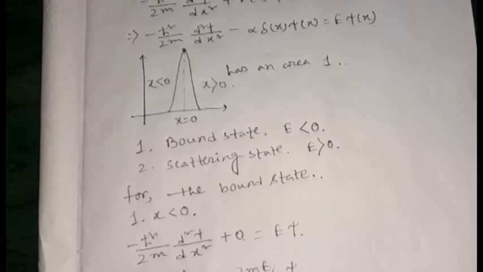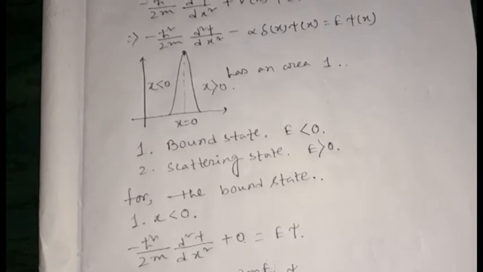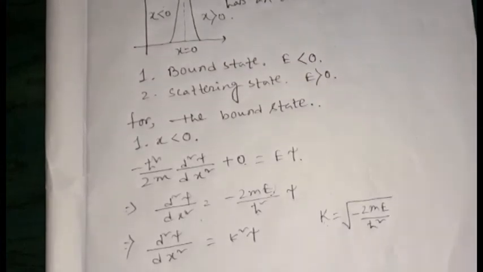So now this quantity k is a real positive number. If I choose only 2mE and omit the minus sign, it becomes a complex quantity and it's tough to handle this kind of equation. So now the equation becomes d2ψ/dx square minus k square ψ is equal to 0.